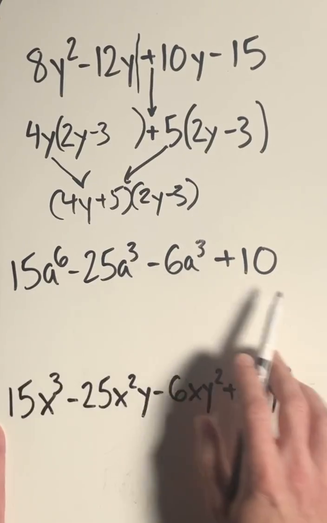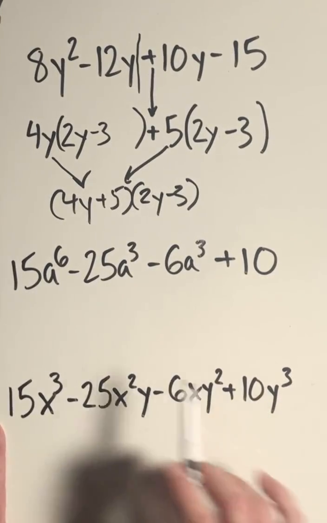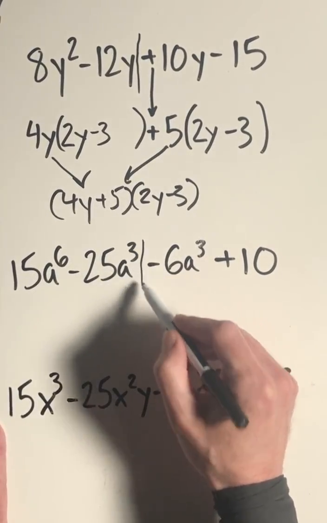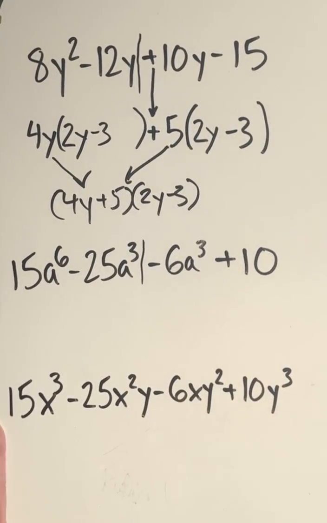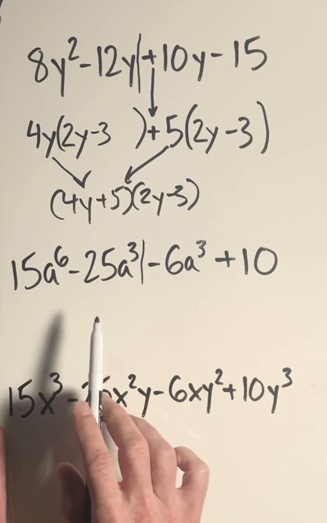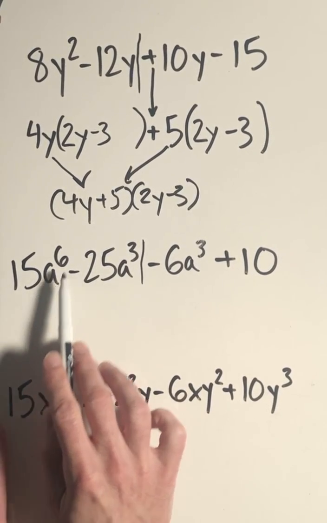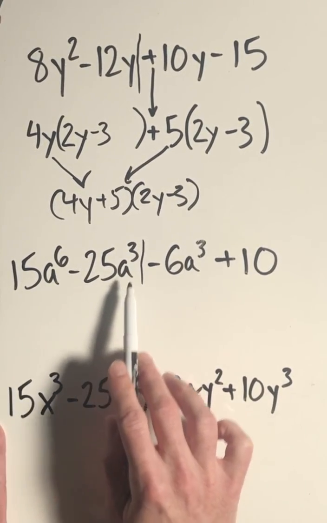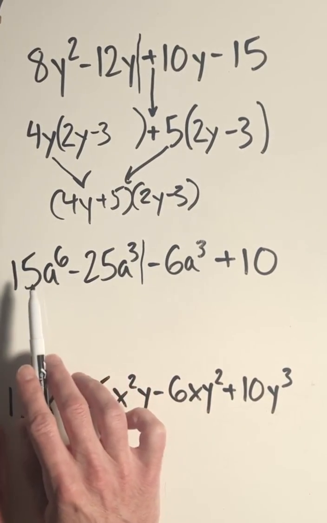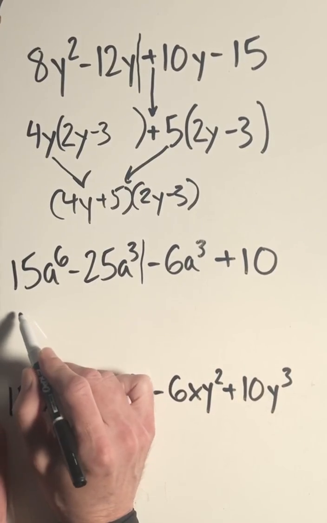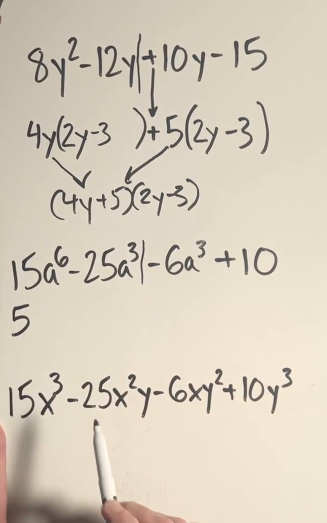We'll look to do the same thing in this example. So I'm going to divide this polynomial into 2 pairs and factor 1 pair at a time. Looking for the greatest common factor between 15a to the 6th and negative 25a to the 3rd, I'm going to look at the coefficients first, always. Between 15 and negative 25, I have a greatest common factor of 5.